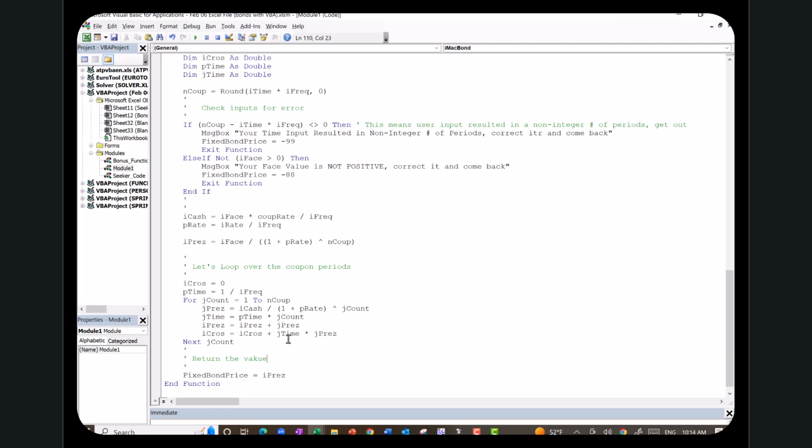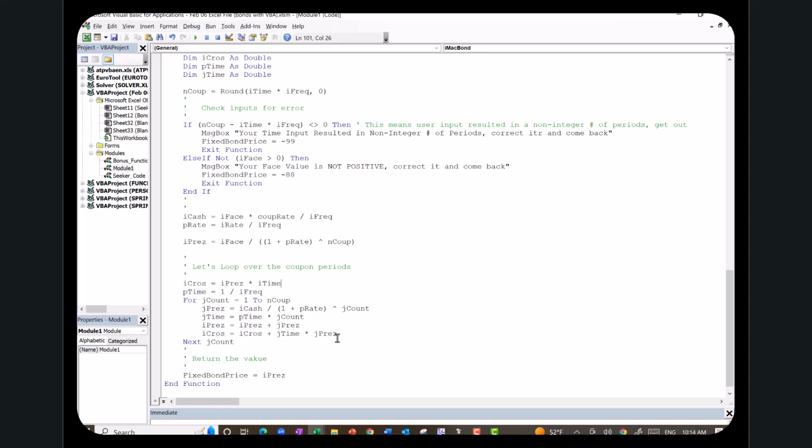So I need to make a correction for that, because I started iPres with this, so I should actually start iCross as iPres times I time. If it's a 30-year bond, I time is 30. So I'm multiplying present value of the face value with 30, because I can't do that in the loop.